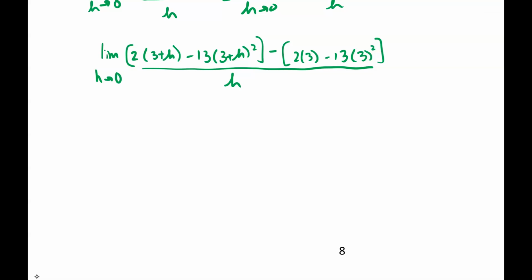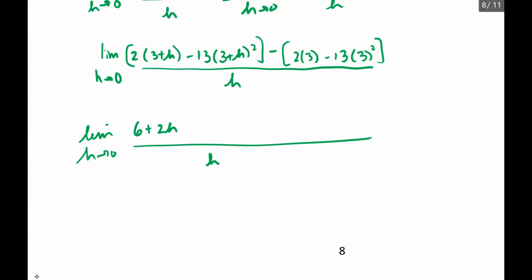Distribute this 2 out. So I have 6 plus 2h minus, okay, so 9 times 13 is going to be 117. Minus 117, minus 78h, minus 13h squared.